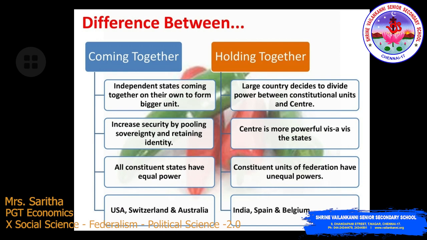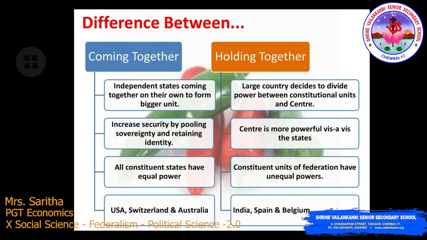Now, the difference between coming together and holding together. In coming together, independent states come together on their own to form a bigger unit. In holding together, a large country decides to divide its power between constituent units and the center.